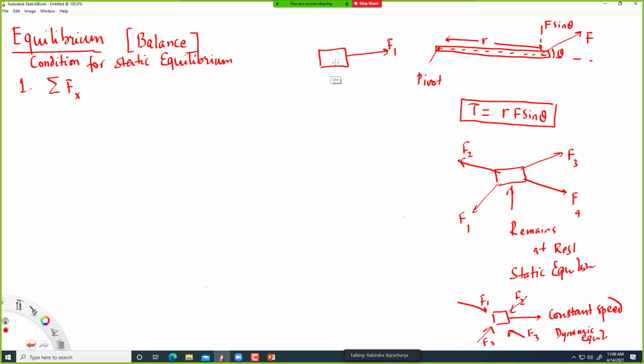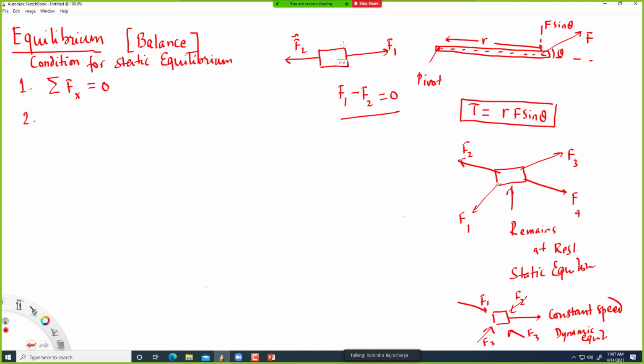But to keep the box at rest, what do you need to do? You need to exert equal force in the opposite direction, right? So to keep this object in static equilibrium, the sum of the forces in the x direction must be 0. Here F1 plus F2 is 0, since F2 is negative F1. When the two forces cancel each other, it remains at equilibrium.